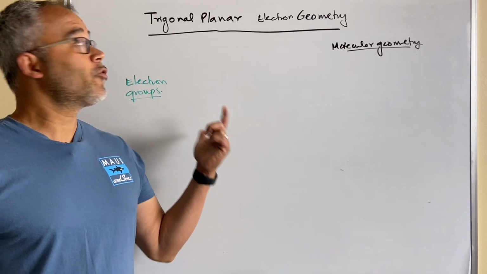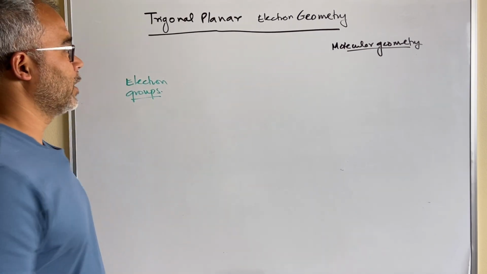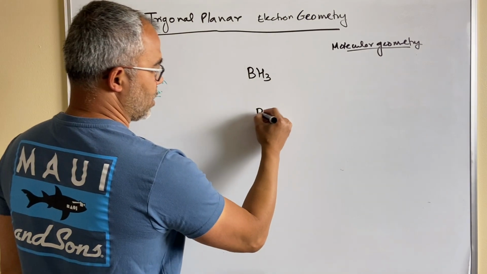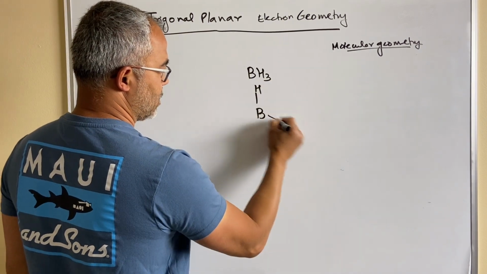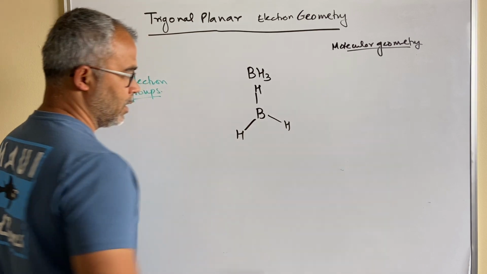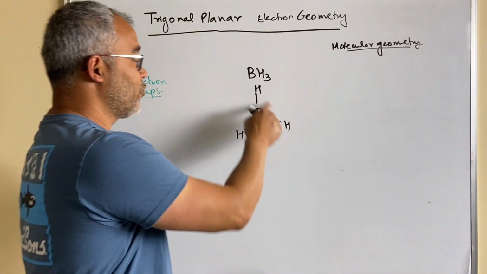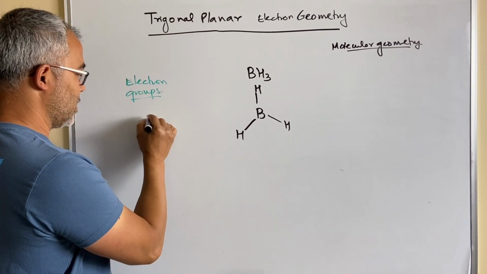All right. Let's talk about trigonal planar electron geometry, okay? So take for example BH3. The Lewis structure of BH3 is this. And if you notice, there's one boron in the center, the atom in the center, and you have 3 electron groups around the central atom.